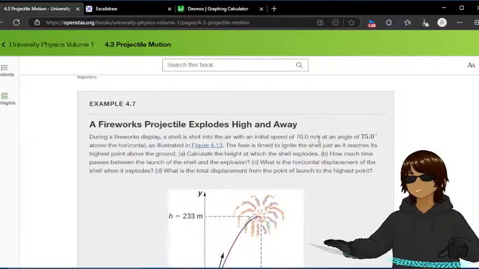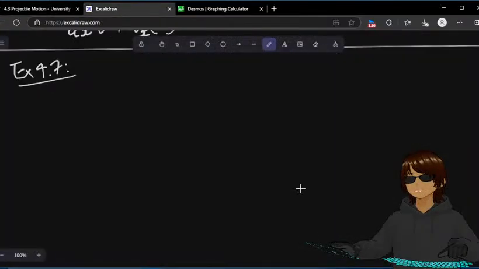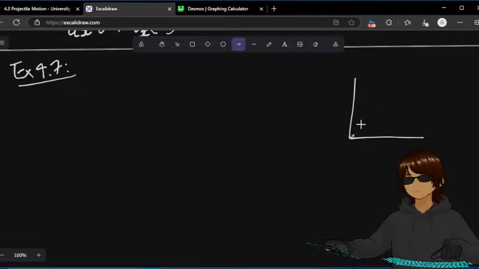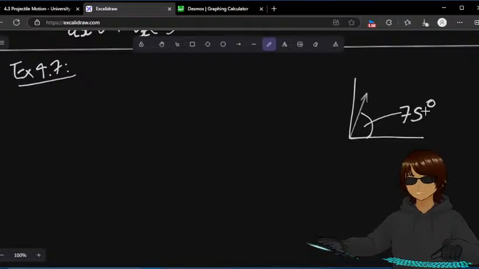Initial speed is 70 meters per second at an angle of 75 degrees.